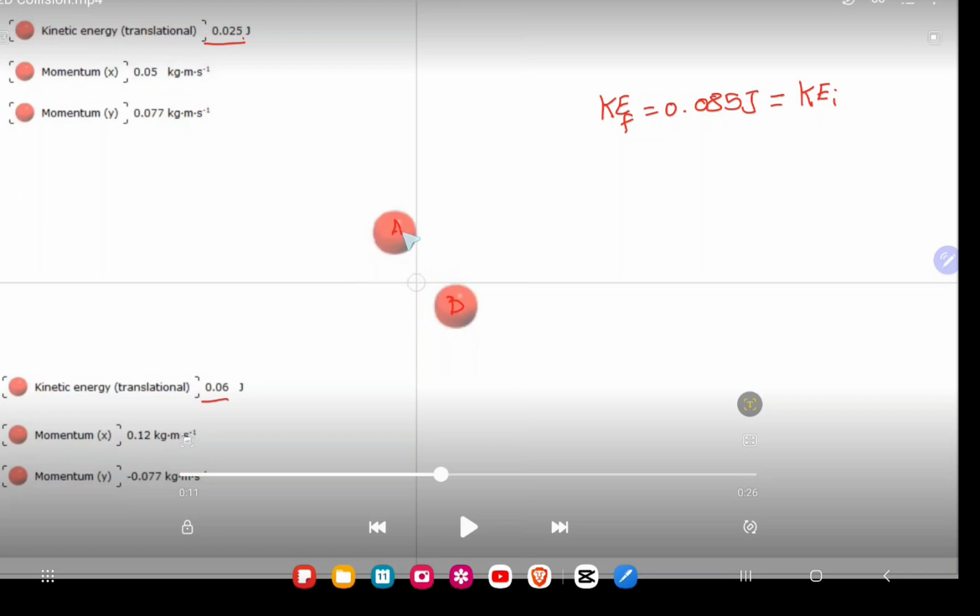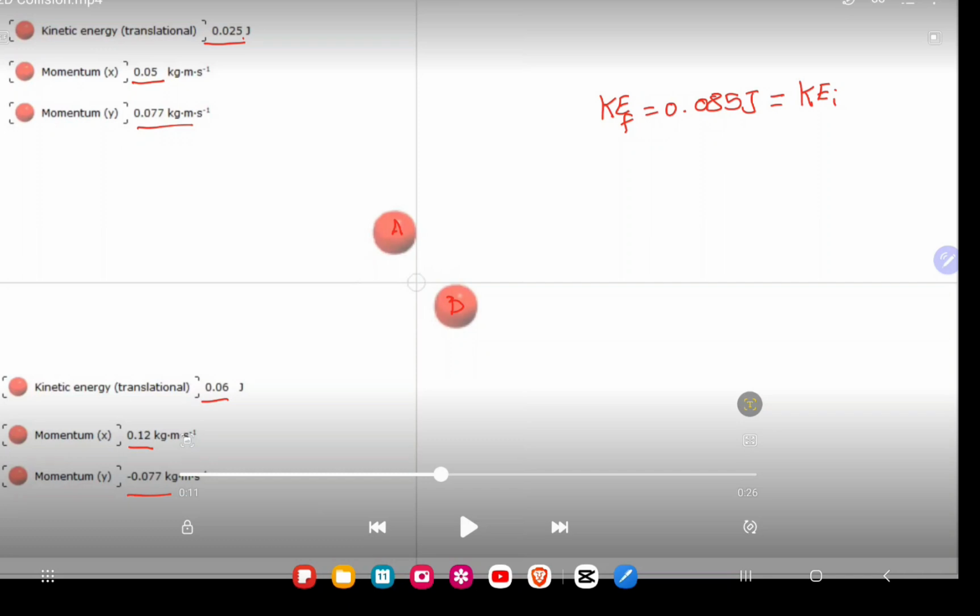Now, in this case, each ball will have two momentum components, one on x and one on y. The one on x after the collision is equal to 0.05 for one and 0.12 kilogram meter per second for the other, and the one on y is 0.077 kilogram meter per second, and the one on y here is equal to minus 0.077 kilogram meter per second.